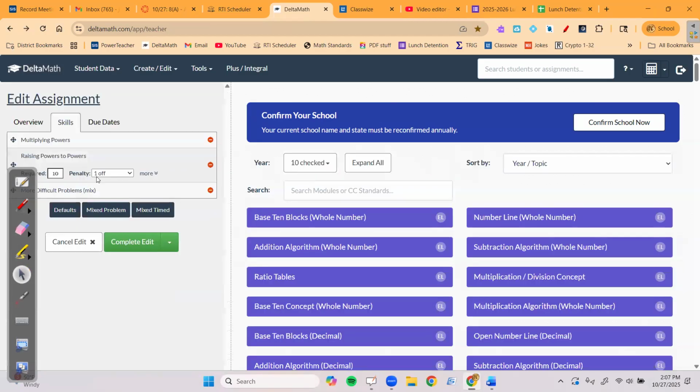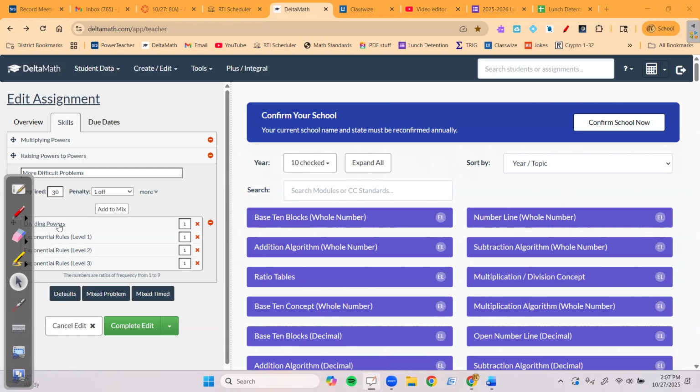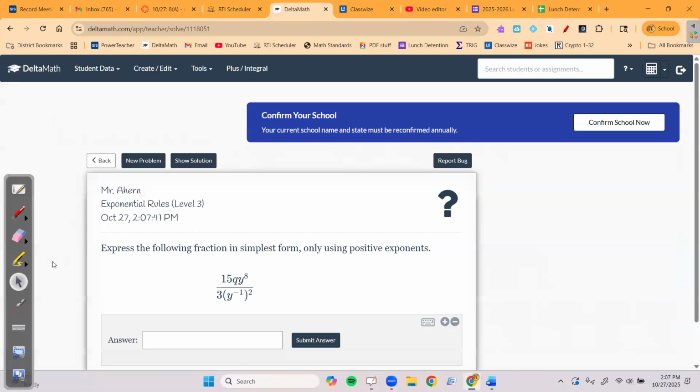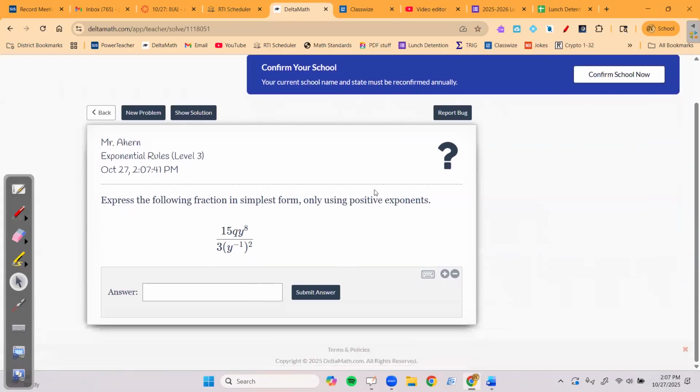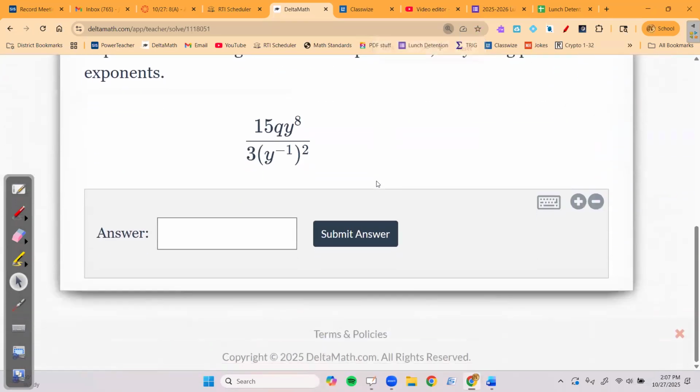The ones that you're going to be going through with me today are from this next section, and when you do get there later, you'll see it's called more difficult problems. So let me run through some examples with you of problems that you're going to see. And I'm going to zoom in nice and far on this so that you guys can get a good look. Everybody good with that?